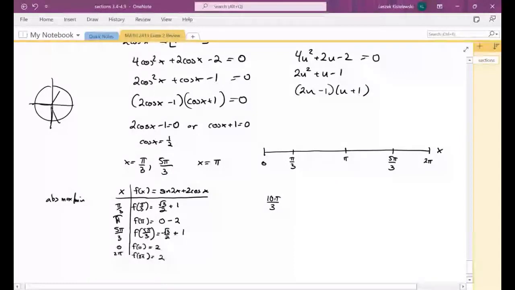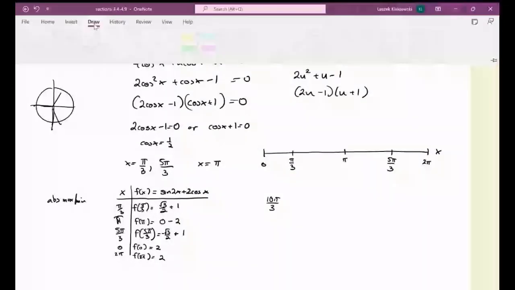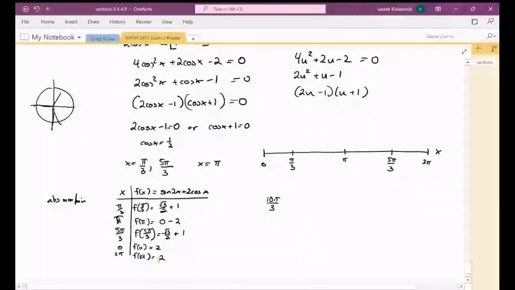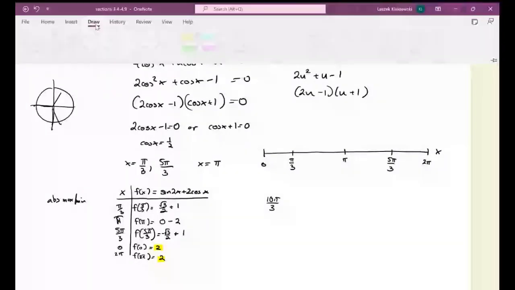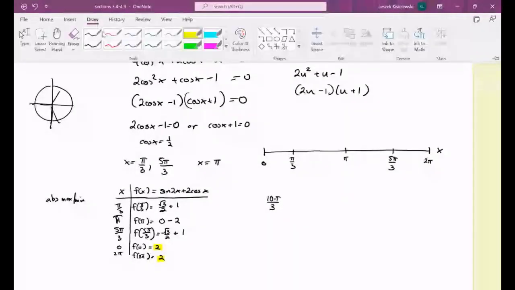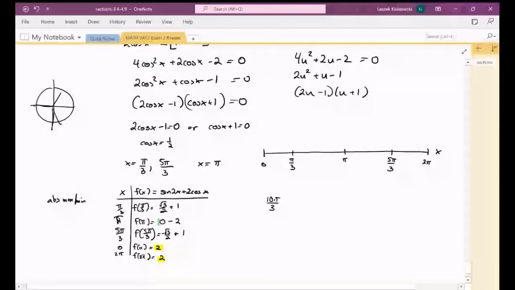I believe the absolute max is 2. It happens at 0 or 2 pi. And the absolute minimum, I guess, would be negative 2, at pi.